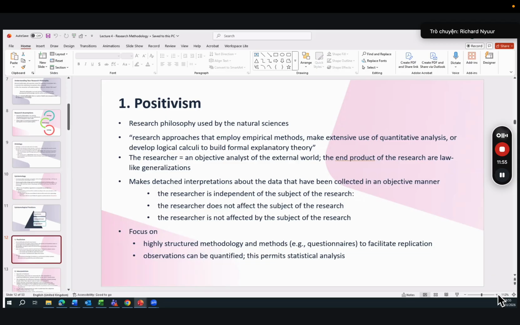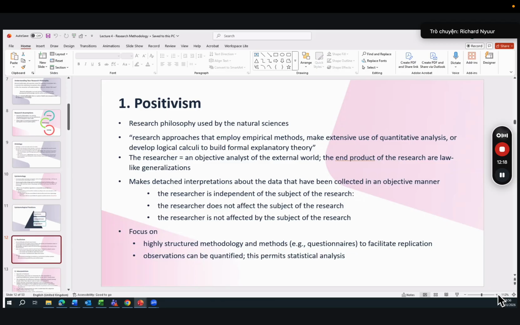And through quantitative data, you can determine what is the impact, or does it really impact? So once you are able to validate that, then you can generalize it in every situation, in every phenomenon when it comes to impulsive buying.